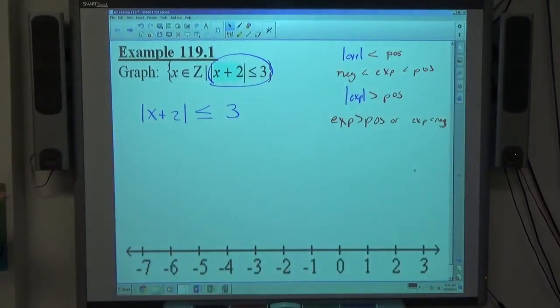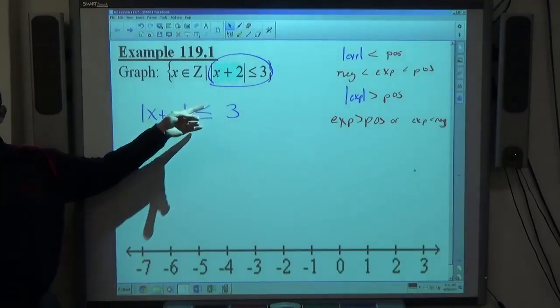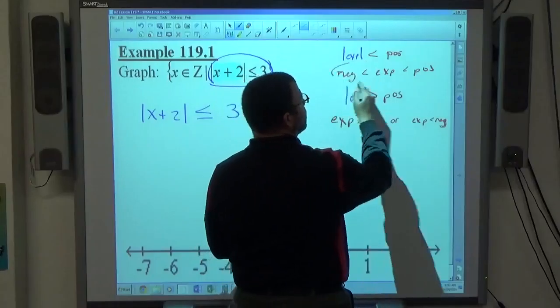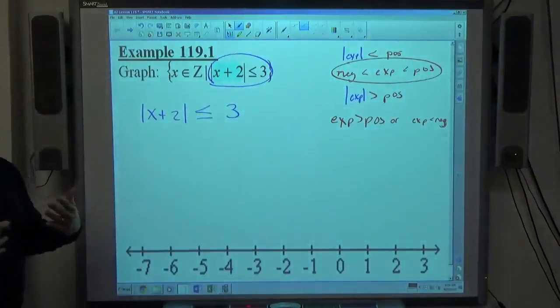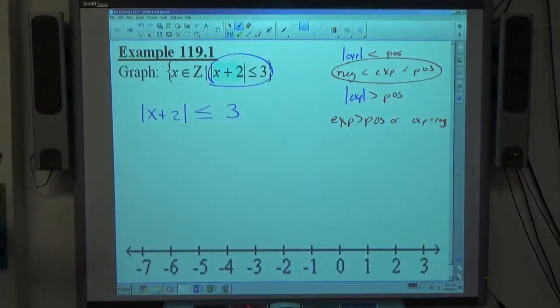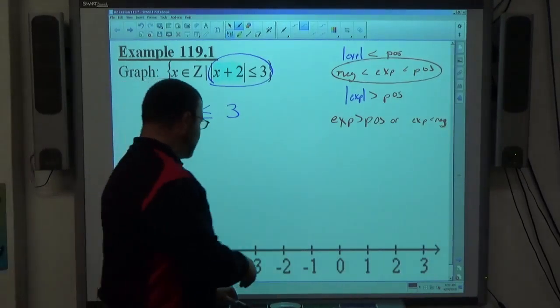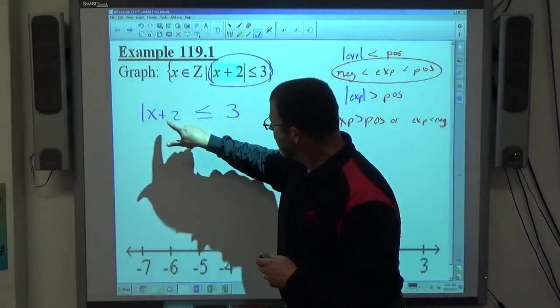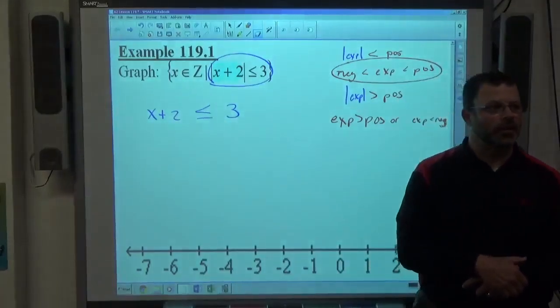So looking at the picture we have here, we have the less than a positive structure. We're going to use this structure to create a non-absolute value expression. I don't want absolute value bars in my inequality. They're there, and I can't make them go away just by erasing them. Here's some of you guys' technique on how to get rid of absolute value bars: you get your eraser and you pretend they aren't there.